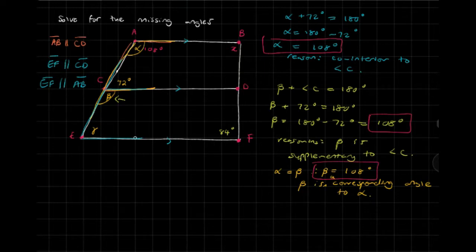And we can also look at the set of corresponding angles, and as a result, we can see that gamma is equal to angle C because gamma and angle C are corresponding angles. Okay, so that's our reasoning behind that.